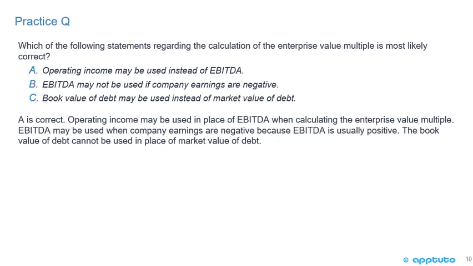Operating income may be used in place of EBITDA when calculating the enterprise value multiple. EBITDA may be used when a company's earnings are negative because EBITDA is usually positive. So of course B is wrong. And also the book value of debt cannot be used in place of market value of debt, so C is wrong. Okay, so A is true and B and C are false. Operating income may be used instead of EBITDA.